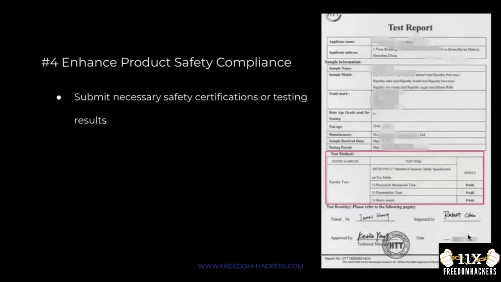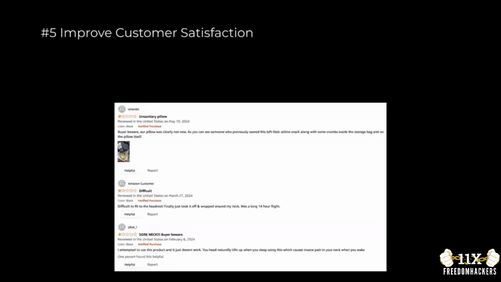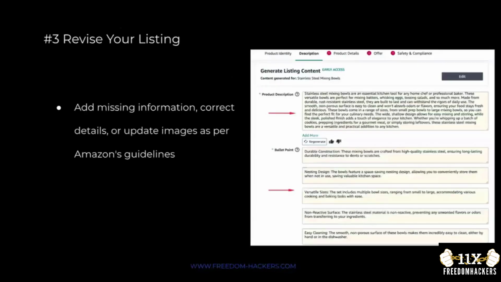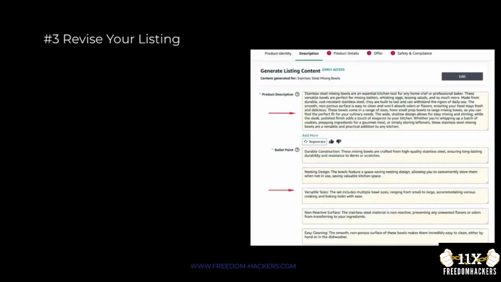Then for enhanced product safety compliance, submit necessary safety certifications and testing results. And then address the negative feedback and improve the product descriptions or quality. And actually, one thing here is also expectations. If you're getting complaints that it's the wrong size, then you need to act.